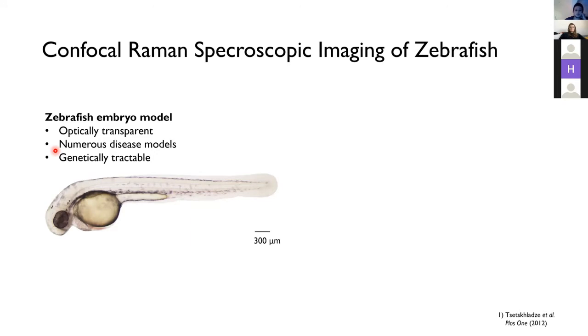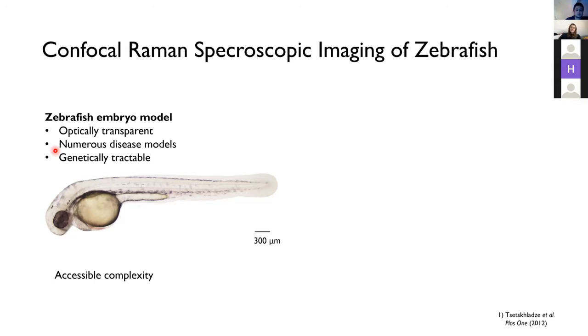And it's fairly easy to manipulate genetically, so it's a good model to work out mechanisms, and has been used quite a lot, both in developmental biology and in disease modeling, to work out mechanisms genetically as well as on a cellular level. So the key motivation for us then was to make use of this model to perform biomolecular analysis of disease progression and development in an intact biological specimen.